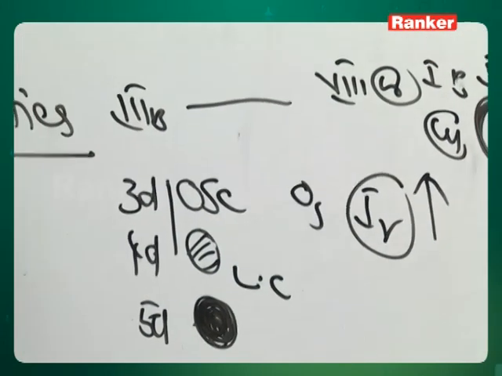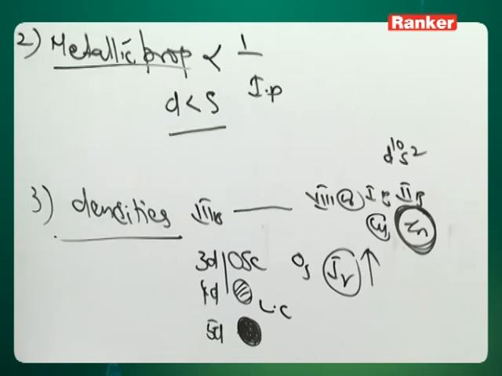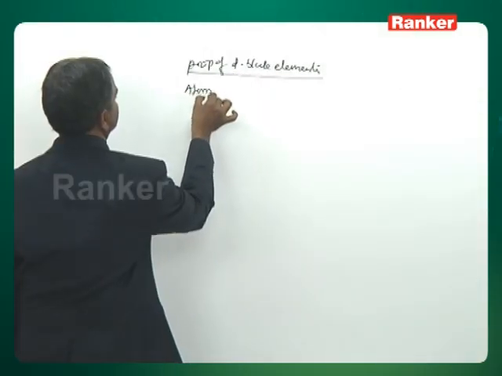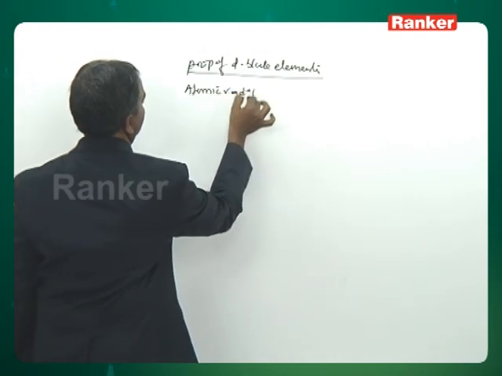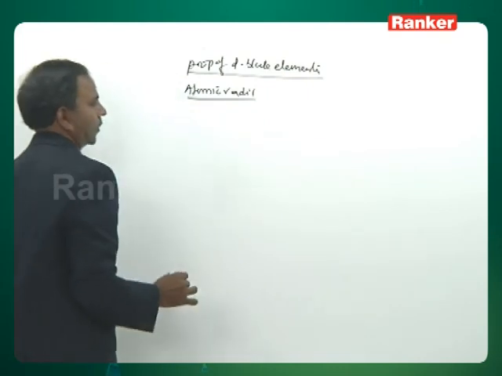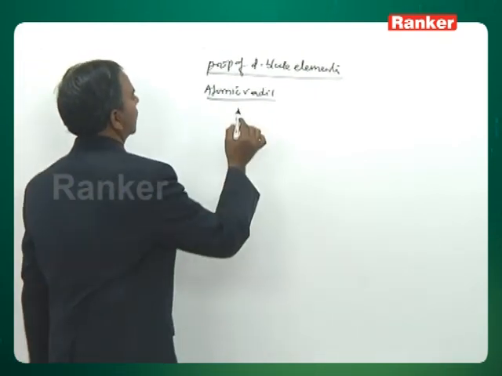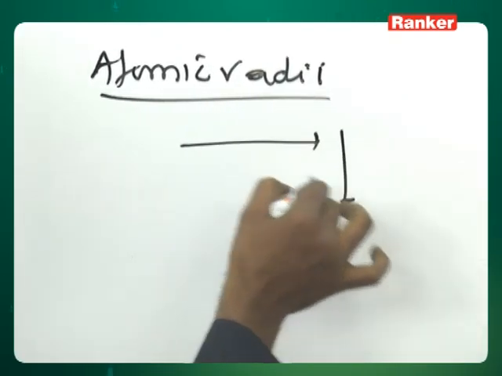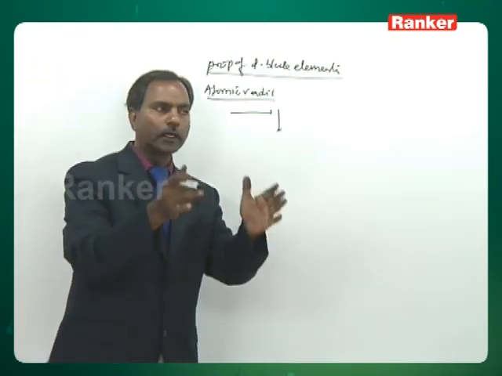Next let me talk about atomic radii and IP values of d block elements. Atomic radii, let me discuss first. Left to right in a period, the atomic radii is gradually decreasing.